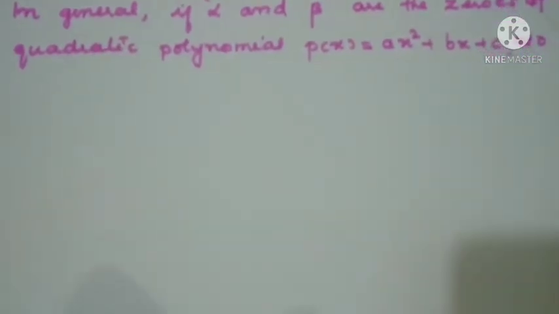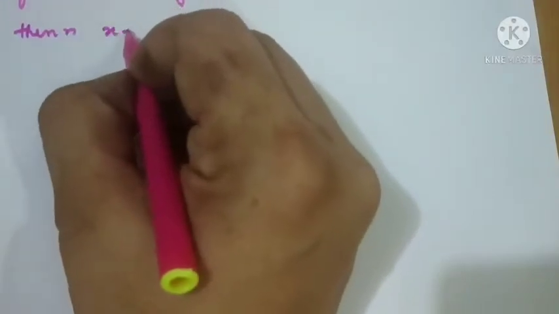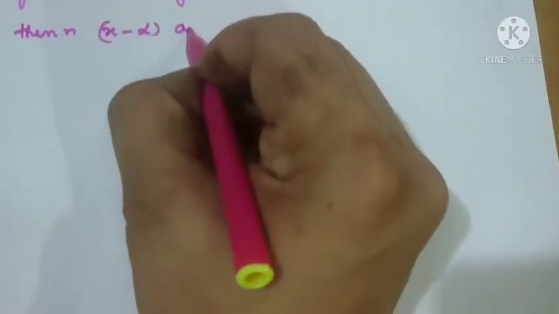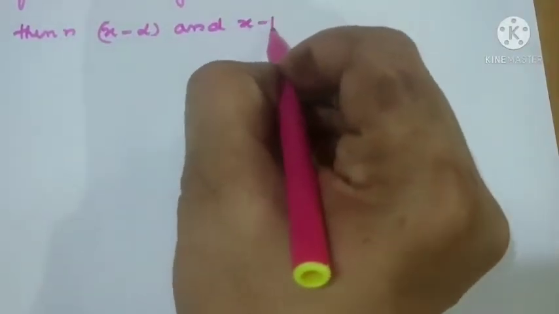If alpha and beta are the zeros, then x minus alpha and x minus beta are the factors.